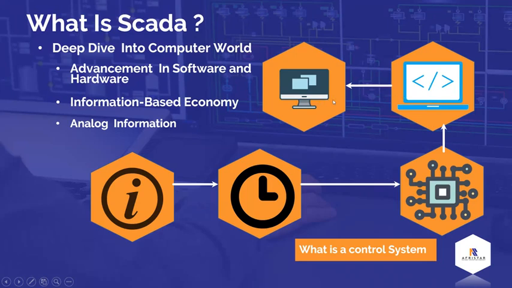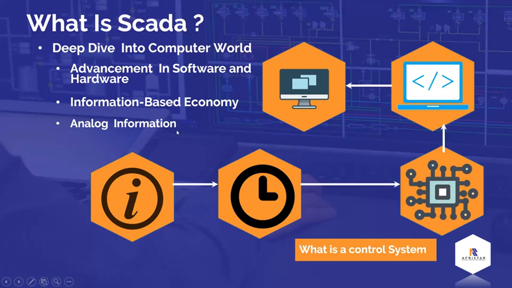And SCADA is a form of control which we usually use in electrical power generation and transmission. SCADA is an acronym of supervisory control and data acquisition. So that is the meaning of SCADA.